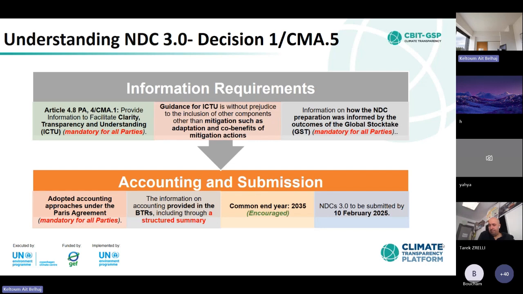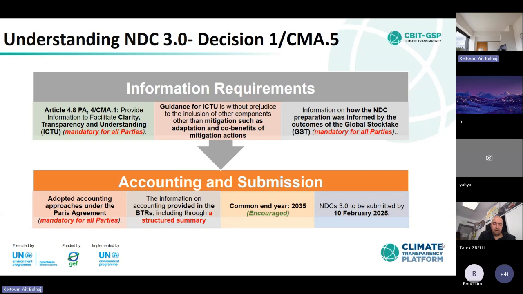Also, you must show how the global stocktake outcomes influence your NDC, and use agreed accounting approaches, which means we need to use methodologies that are known by the global community, like the IPCC guidelines or software, or modeling tools that everybody knows, like LEAP, TIMES, GAMS, etc. And there is the common end year of 2035, which means all NDCs need to have 2035 as a target year.